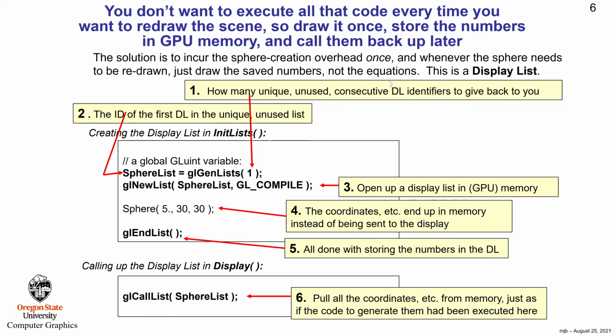So here's how to do it. And you'll see this, there's a function called init lists, and this is the code from that. First, display lists are given a number, and you can give them a number yourself, 1, 2, 3, 4.